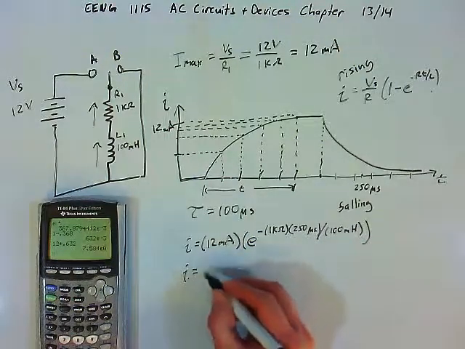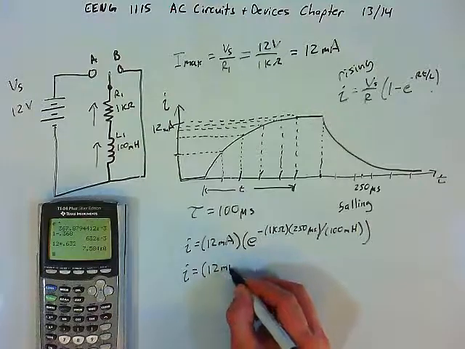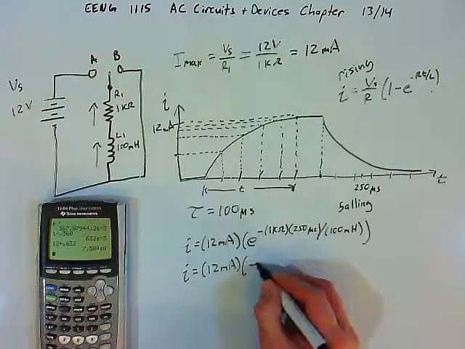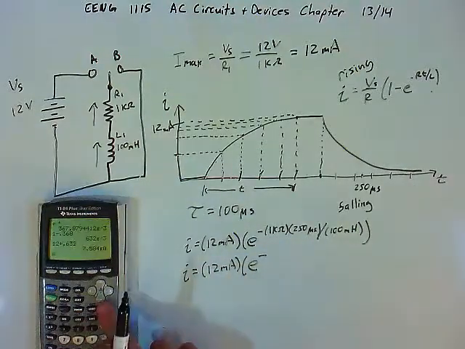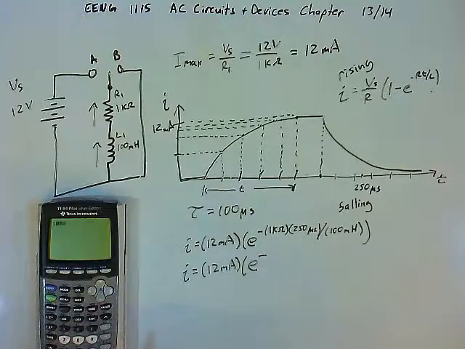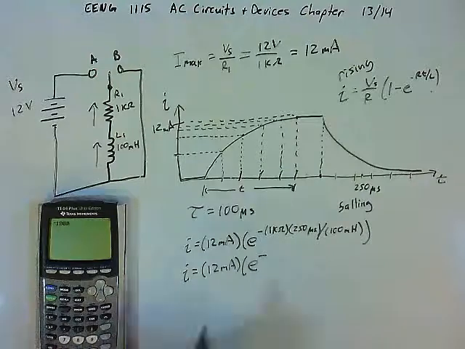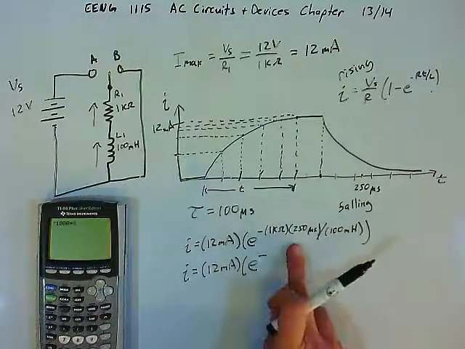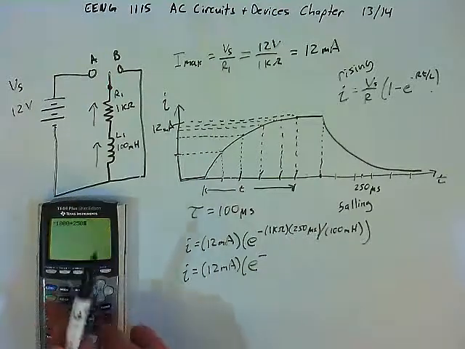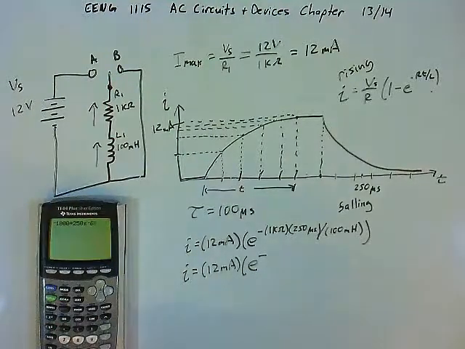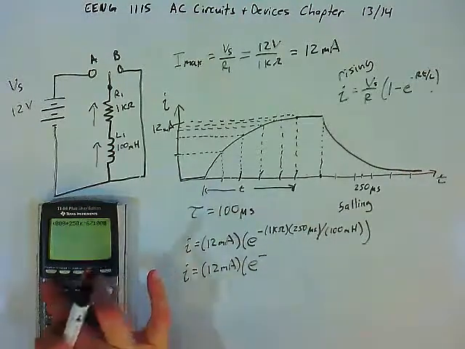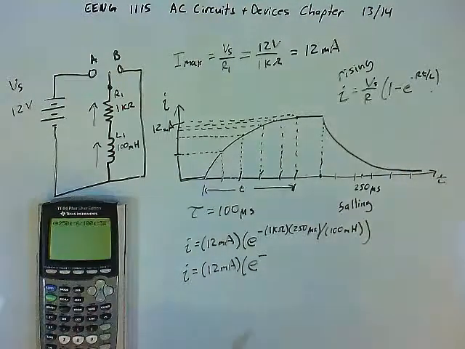So the instantaneous current will be equal to 12 milliamps times e to the negative, and we'll go ahead and work this out. We have 1 kilo ohm, which is 1,000. Well, actually it'd be negative 1,000, right? Negative 1,000 times 250 micro, so 250 EE negative 6, divided by 100 millihenries, 100 EE negative 3.